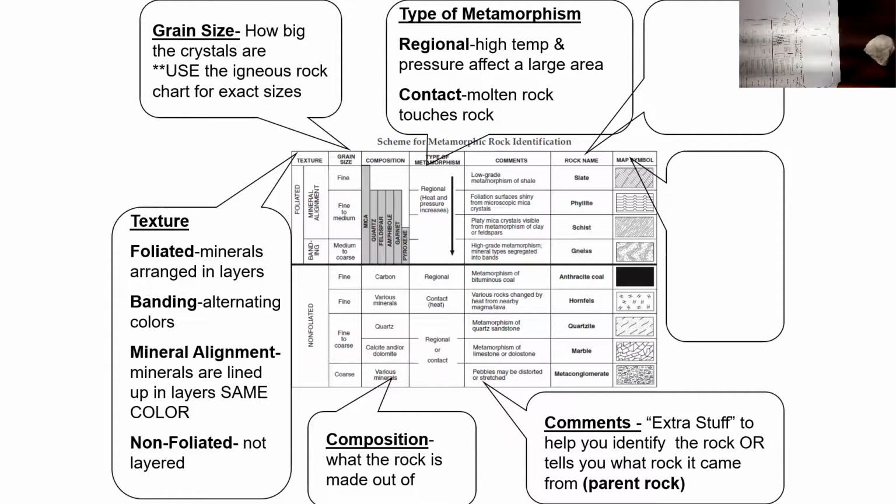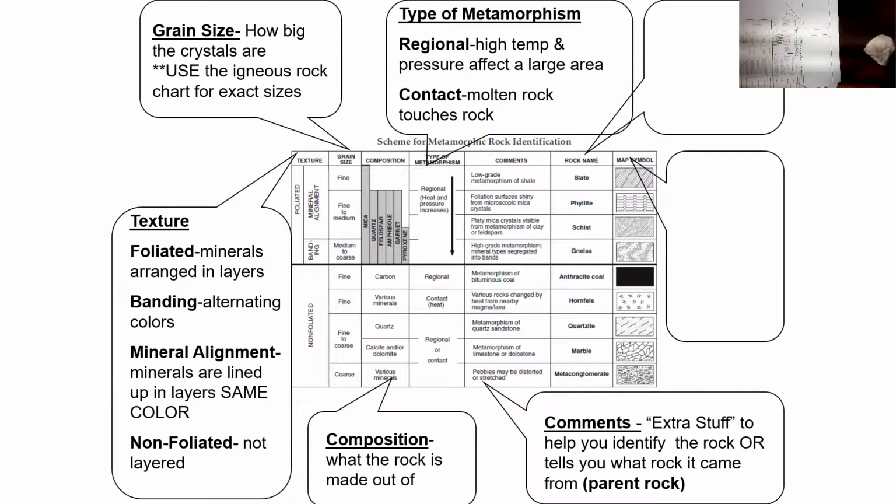For example, for that piece of schist, it tells you it's got platy mica crystals visible. Oh, that one actually does tell you. So it's a metamorphism of clay or feldspar. Phyllite, though, tells you it's got shiny microscopic crystals. So that one's going to have little sparkles in it. So it either tells you about it or it tells you where it came from.